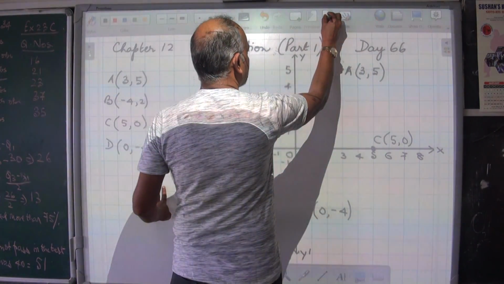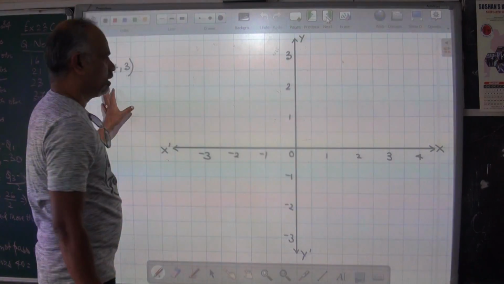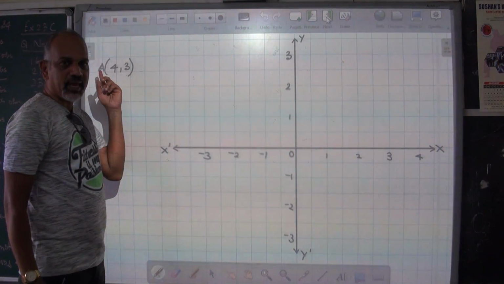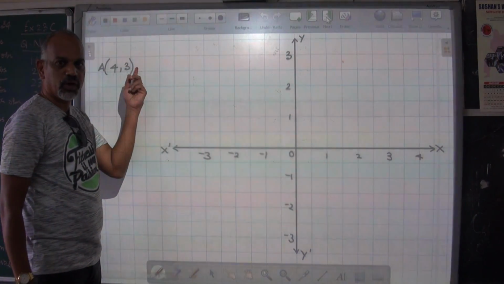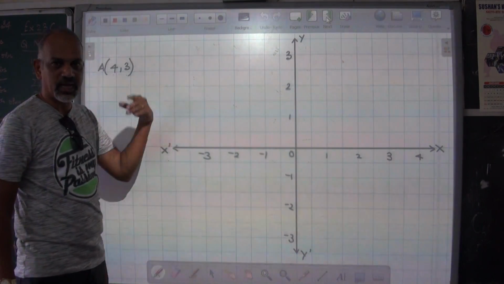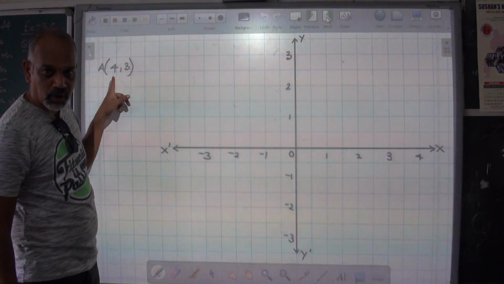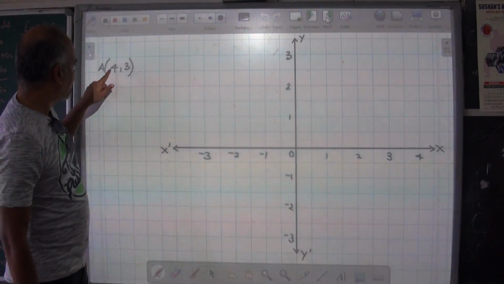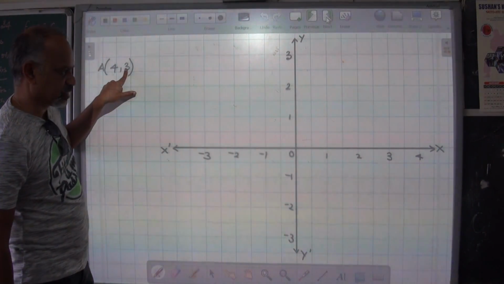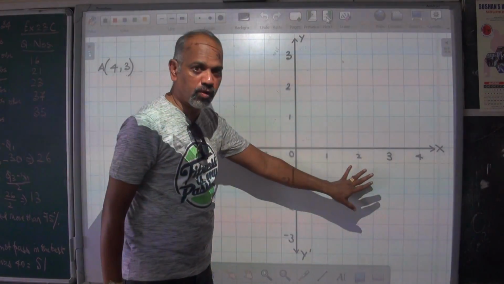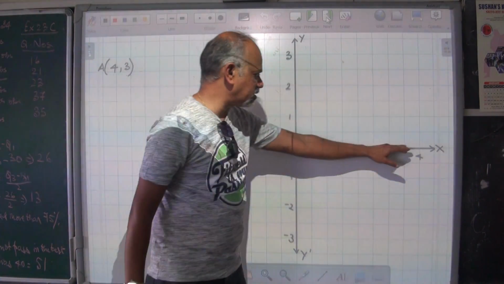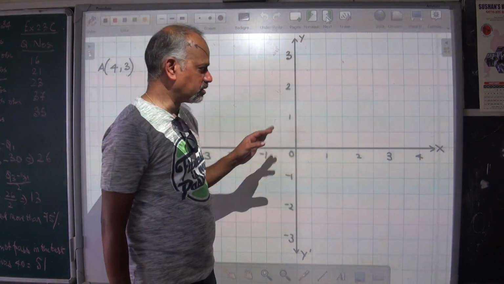Okay. The next one. I have a point A whose coordinates are 4, 3. Now we are going to start reflecting this point. Okay. So first let's plot this point 4, 3. X value is 4, Y value is 3. Okay. So I have divided my graph accordingly. This is your x-axis and this is your y-axis.